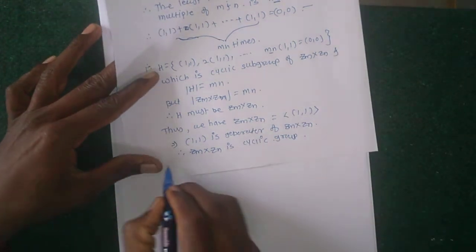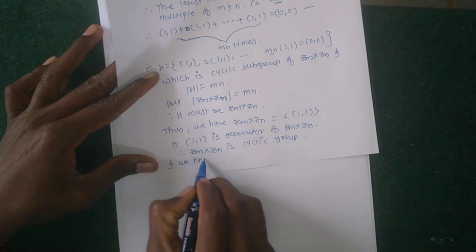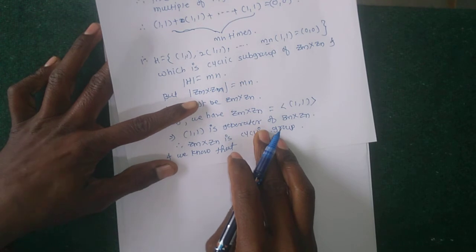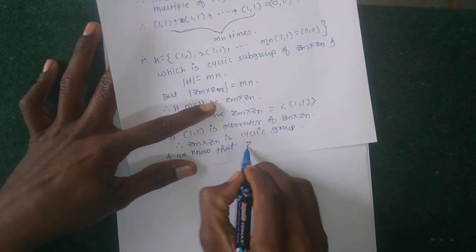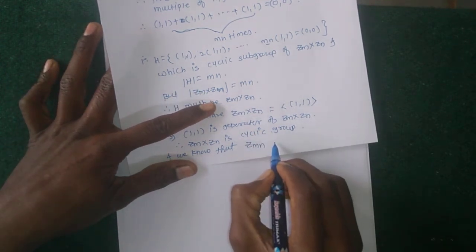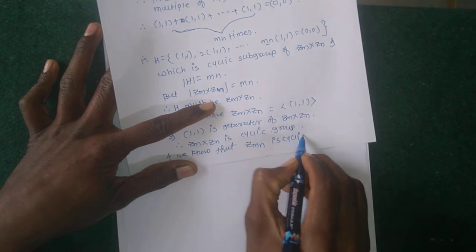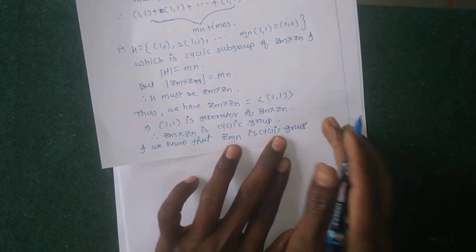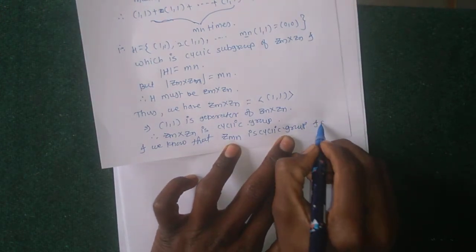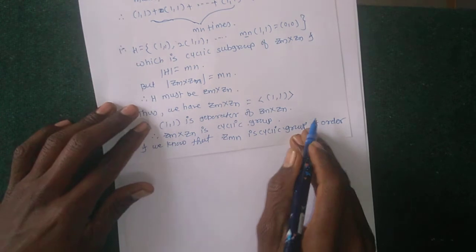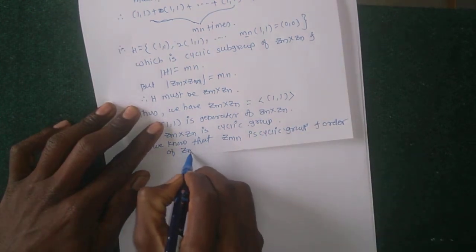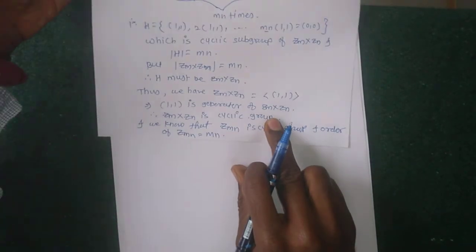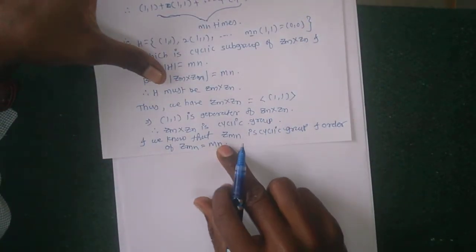And lastly we know that Zmn is a cyclic group, and the order of Zmn is equal to m into n, and here also the order of Zm cross Zn is m into n.